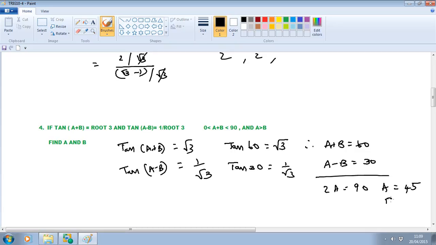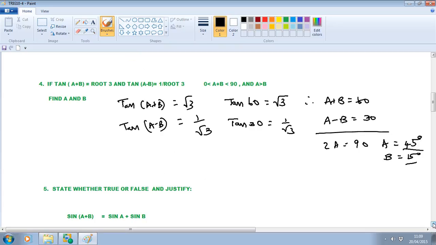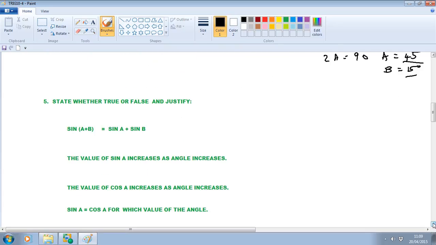And then B is equal to 15. So 45 plus 15 is 60, 45 minus 15 is equal to 30. So we go to the next problem.